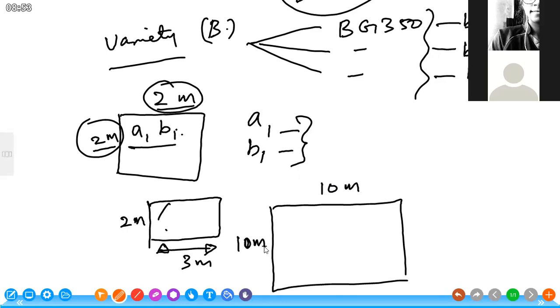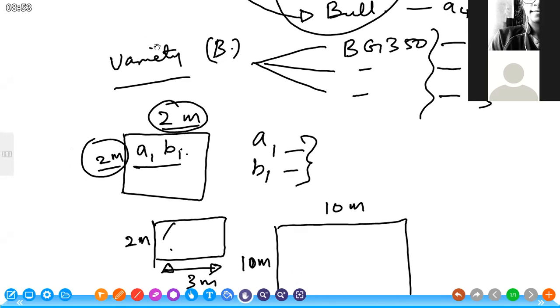This is fairly good for the tractor to move, at least this is the minimum. So a tractor needs a large plot, you see. But does variety need a large plot? No, variety we can plant in 2 into 2 meter, for example.